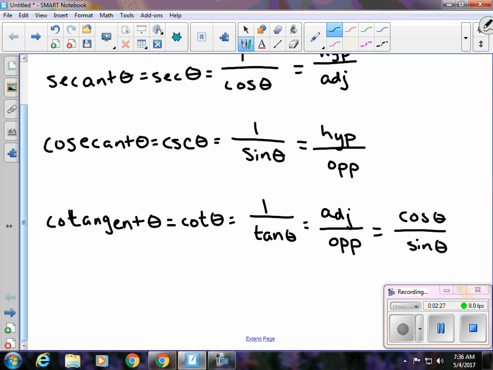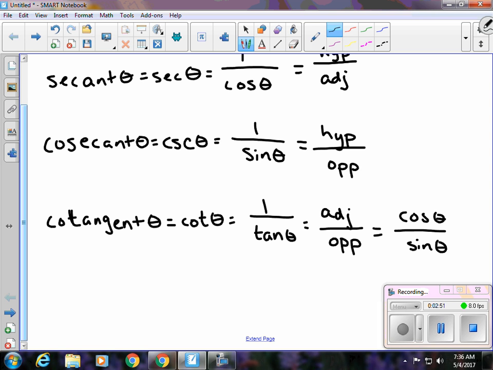So these are the other trig functions. These are the ones that aren't as well known, but they are valuable in the sense that there are times when you get into calculus that they will actually match up, and you'll be finding derivatives and integrals and all those different kinds of things that they do have a connection here.